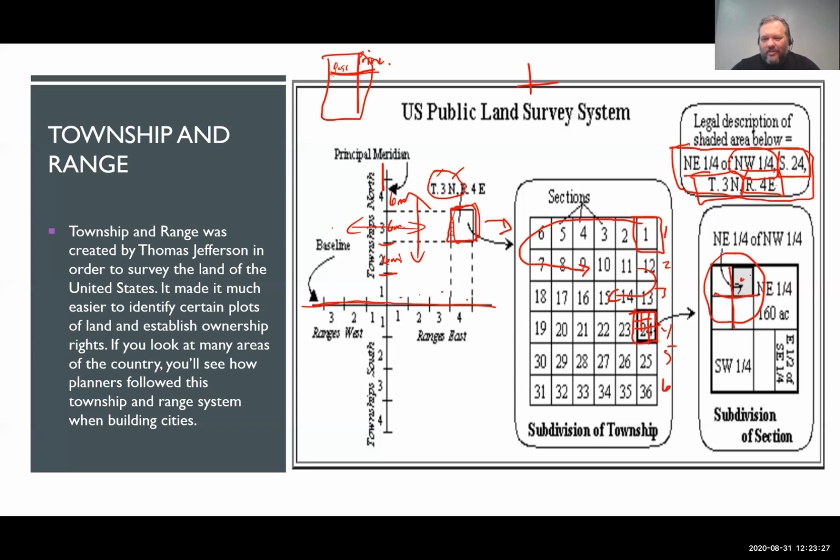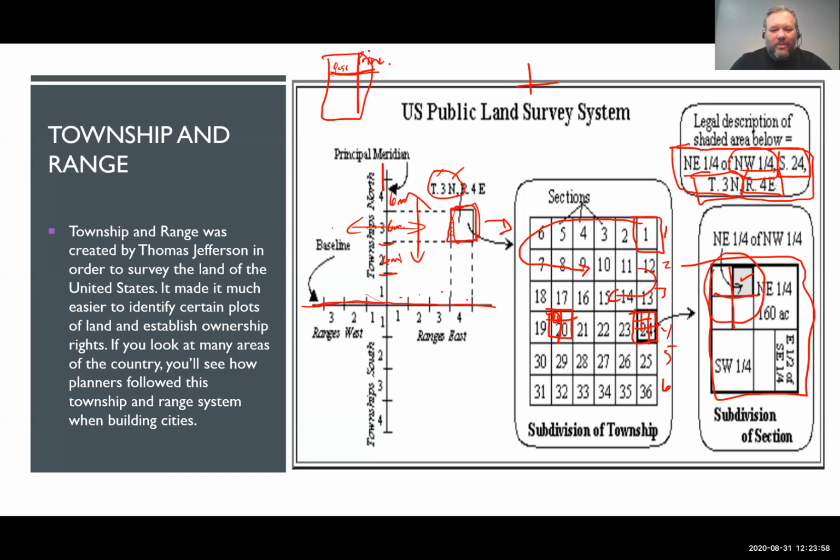If we wanted to identify this area of land, we're in the northwest corner of this big box of the mile section, and then we are in the northeast block of this little box. That's how they mapped it out. If they're giving somebody land, they would say, okay, you get the northwest box of section 20, which would be this. So this is your land. Congratulations. That's how they did it.